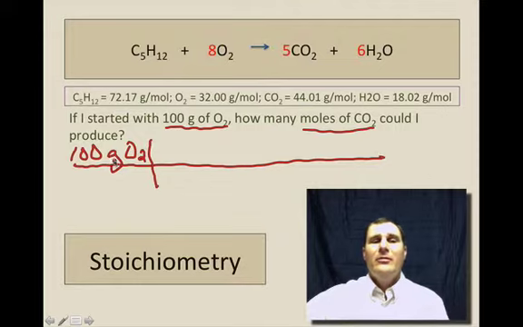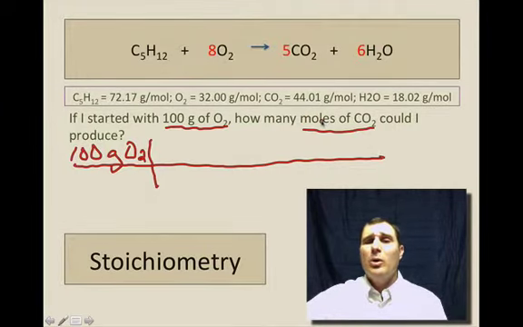Well, that's great, except I can't put grams into my mole ratio to change it to CO2. Instead, I'm going to have to use molar mass. Molar mass doesn't change substances. All it does is change a substance from grams to moles or moles to grams. But it doesn't change substances. Mole ratio has to go in as moles and it's going to come out as moles, but it changes from one substance to another. So the first thing we'll have to do is molar mass.